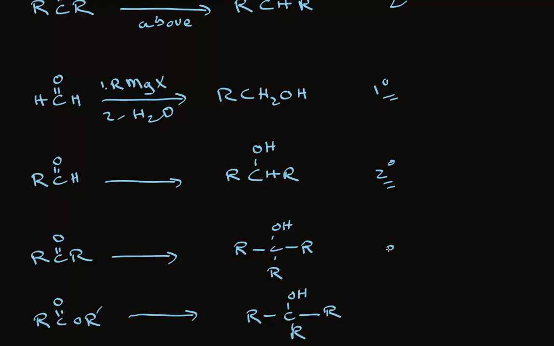So these are two ways to make tertiary alcohols. And just to be clear, we're adding this alkyl group to make the primary alcohol, the secondary alcohol, a tertiary alcohol, or a tertiary alcohol where we have the same alkyl group added twice.